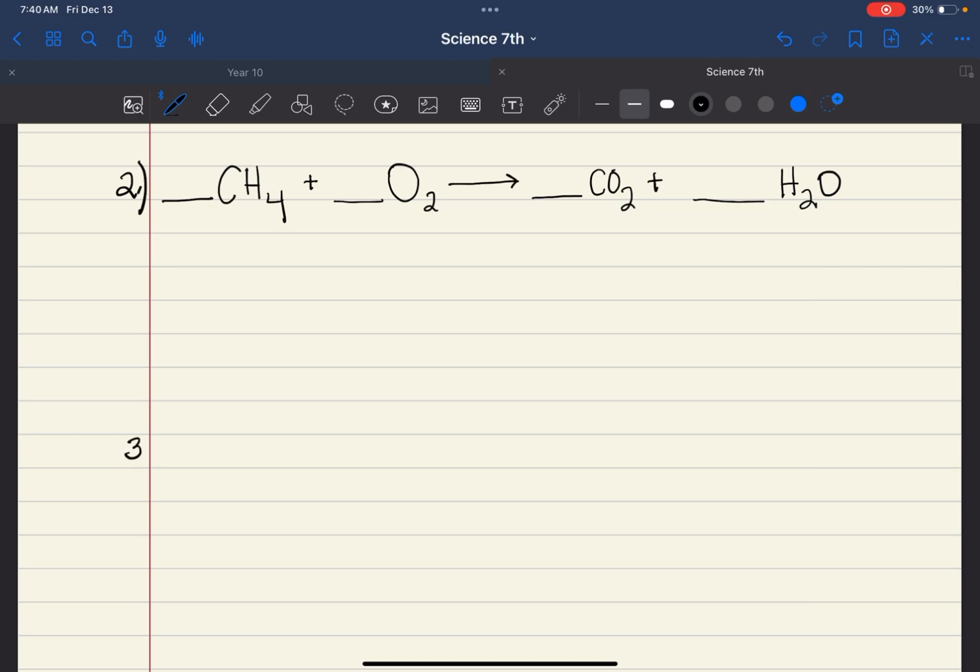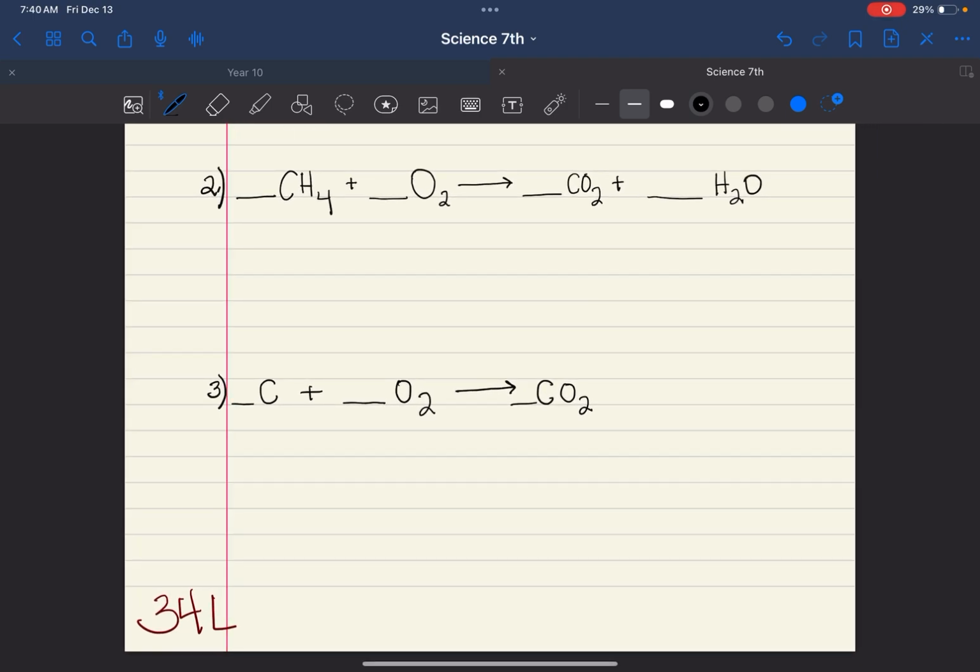Number 3, the formation of carbon dioxide. So we're going to do carbon, remember leave a space, plus O2 forms CO2. And then the 4th example that I want you to try is going to be the reaction between adding zinc and hydrochloric acid.